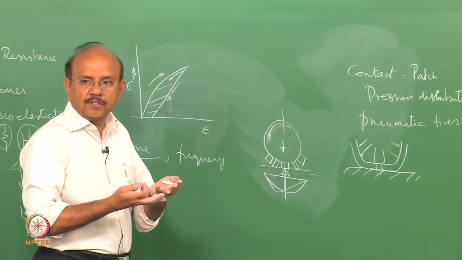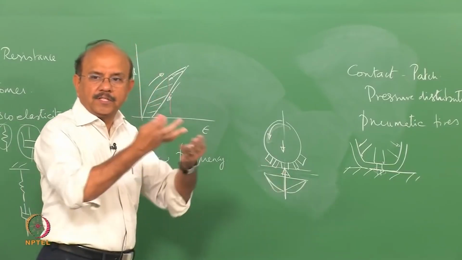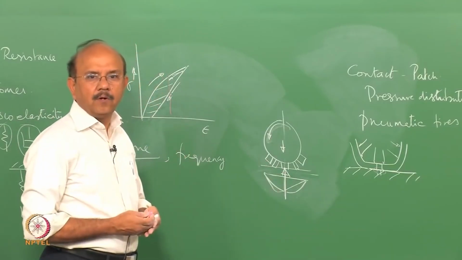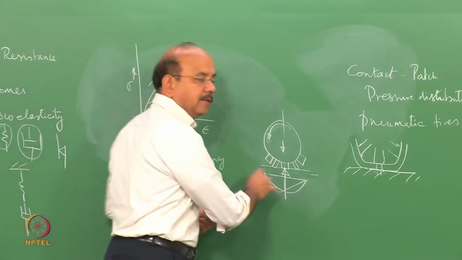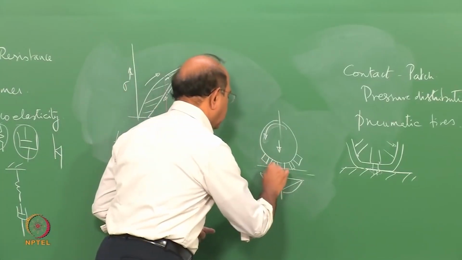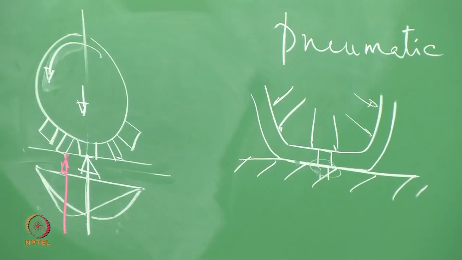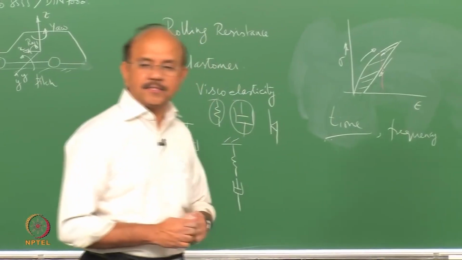The resultant force, developed due to this compression, which opposes the load on the tire, would now get displaced, and hence instead of acting right at the center, the load now acts away from the center.